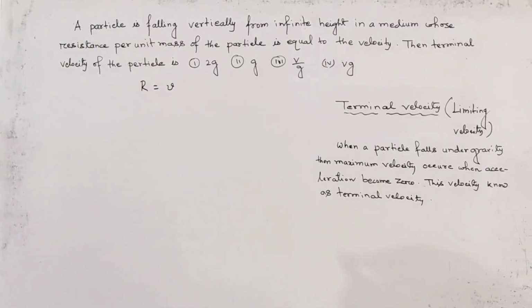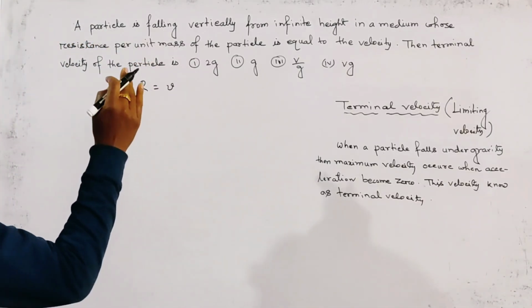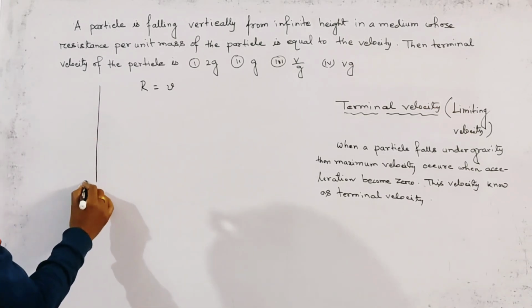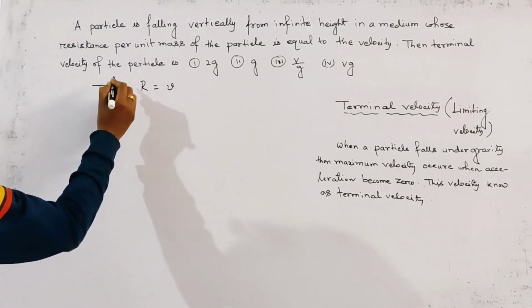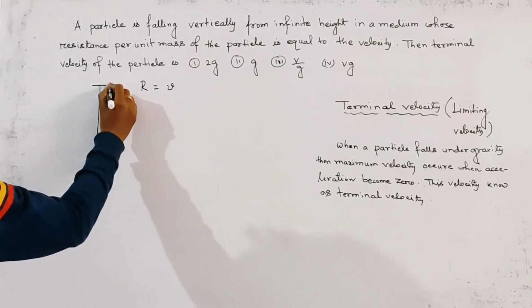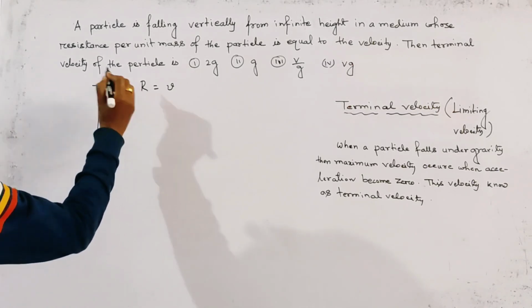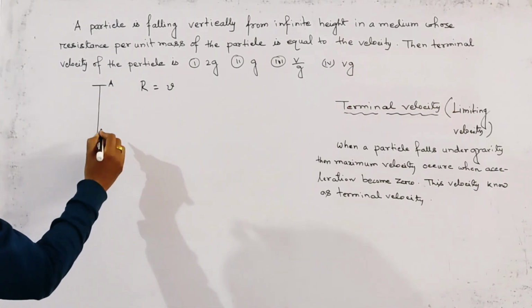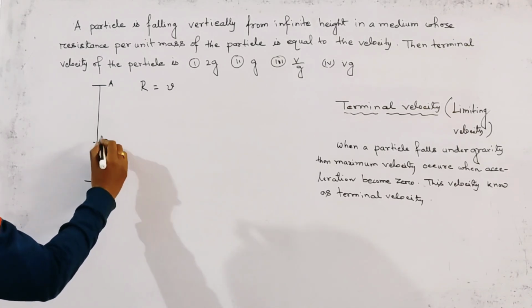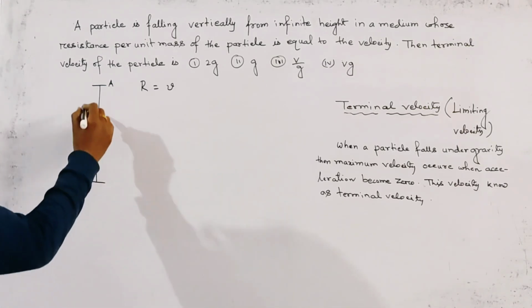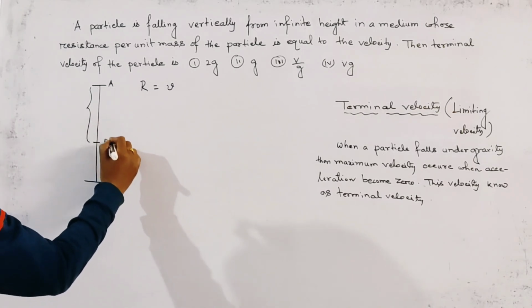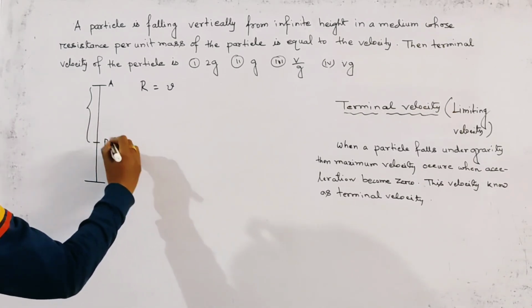So we first try to write down the equation of motion. Let the particle fall from here, the topmost point, call it A, and let this be the position at time t, with velocity v.